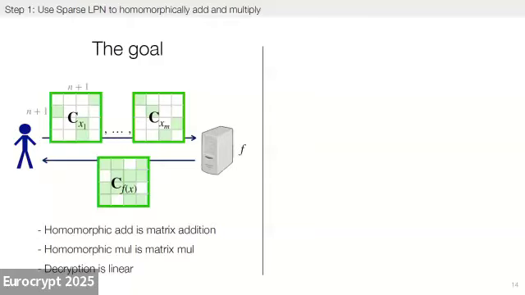Okay, so at a very high level, our goal is going to be to build an encryption scheme that looks as follows. So what we would like is for our ciphertexts to just be square matrices, and for our server to, whenever it wants to perform a homomorphic addition gate, to just have to add the matrices. And whenever our server wants to perform a homomorphic multiplication gate, it should just have to multiply the matrices.